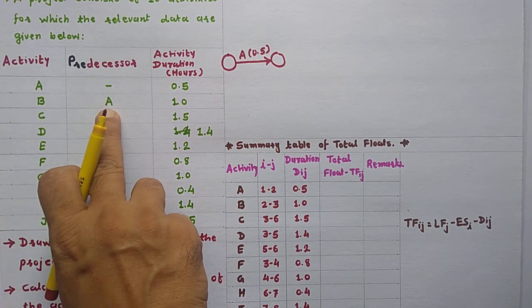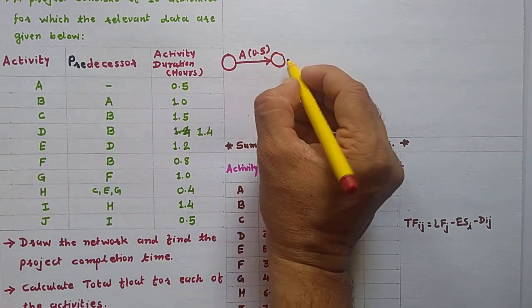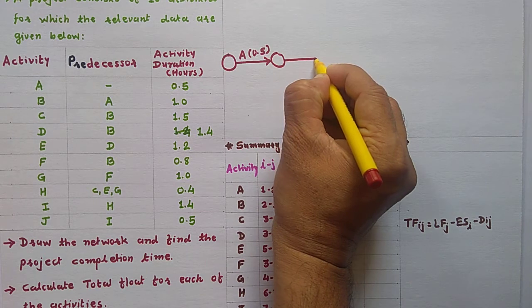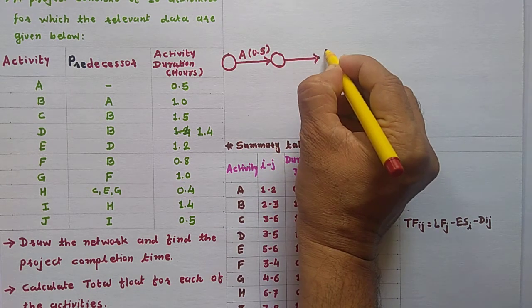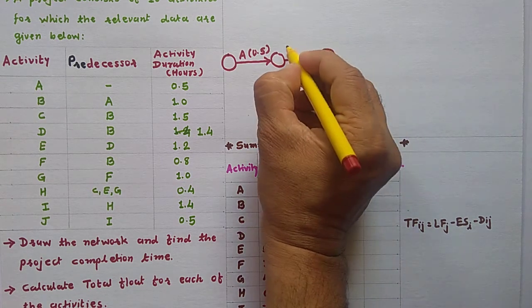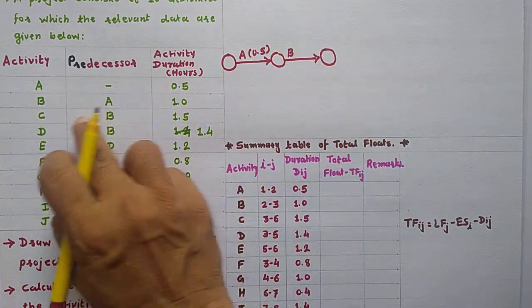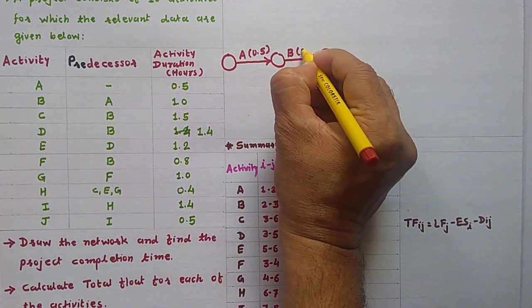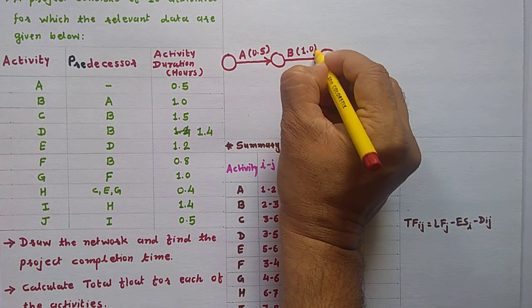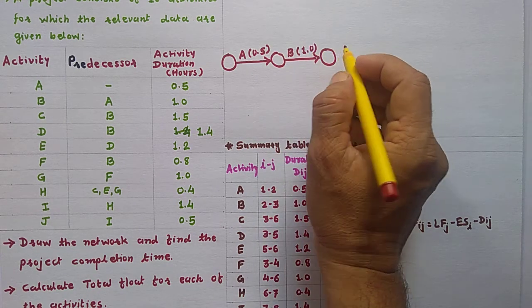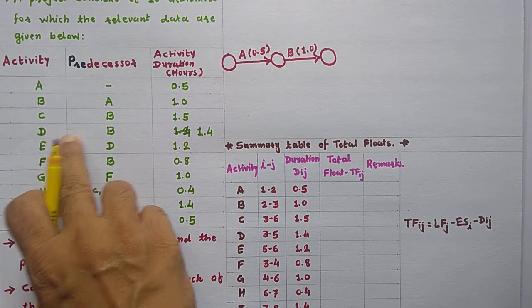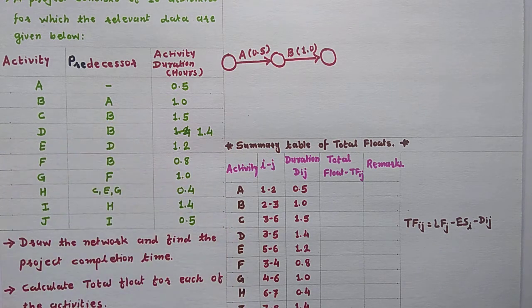Activity B, predecessor A. So this is A, this is activity B, predecessor A, and the duration 1 hour.